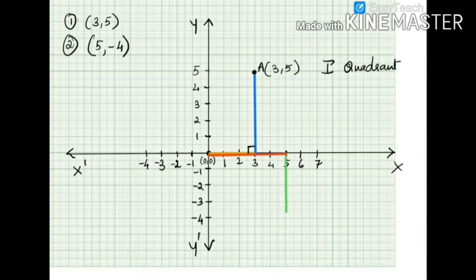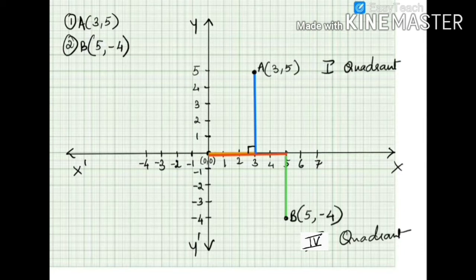So moving 4 units along the negative y-axis, from the previous point we reach this point, and this point is represented by 5, -4. Let's mark this point as B. So this point belongs to fourth quadrant. So like this we can show any point on this Cartesian plane.